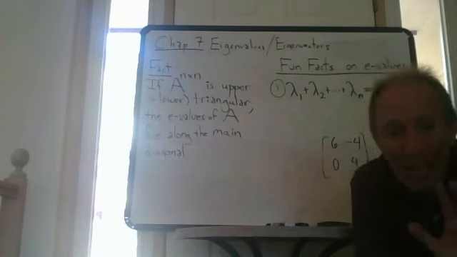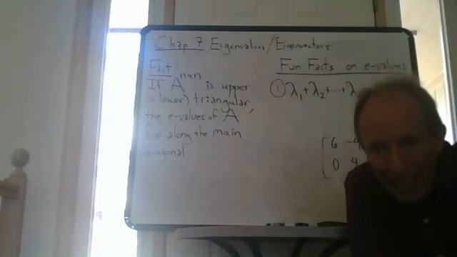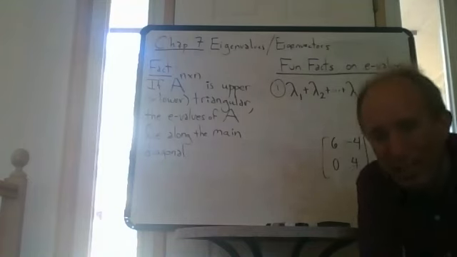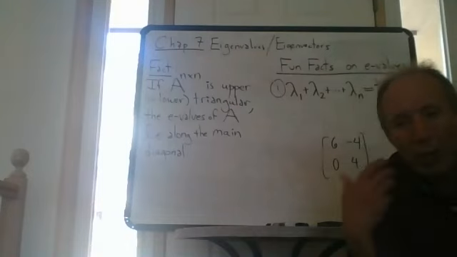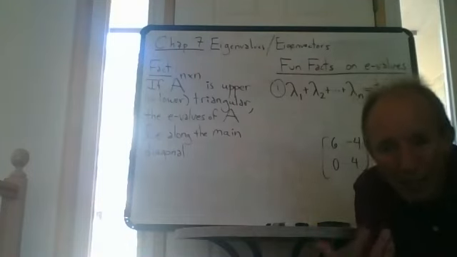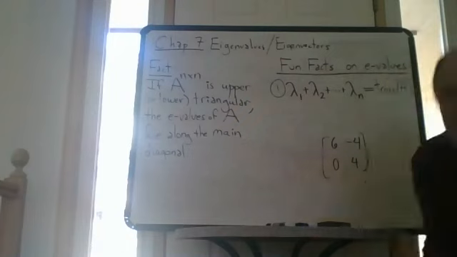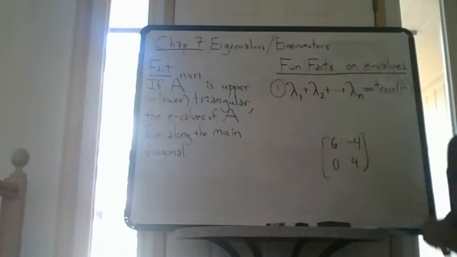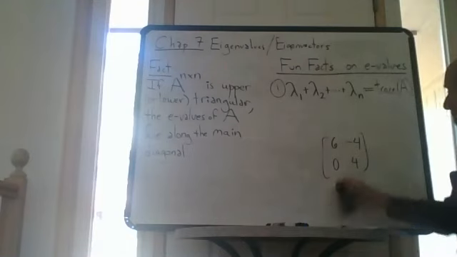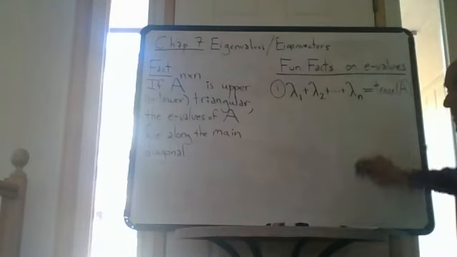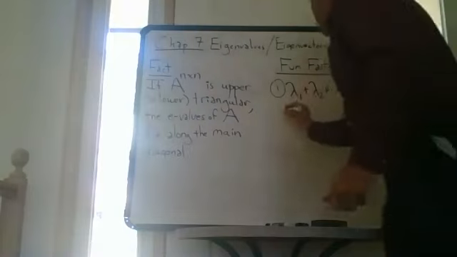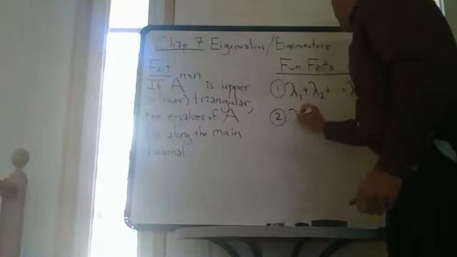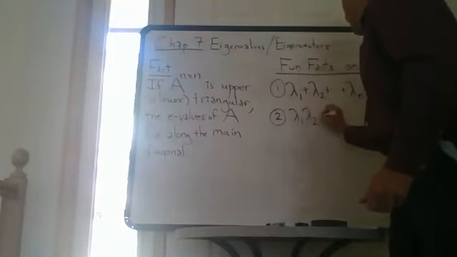You don't want to get your lambdas wrong because it messes up everything you're going to do with those lambdas later. So a good way to check that you have done your lambdas right is to use this fun fact. If you add up all of your lambdas, it should add up to the trace of your matrix.